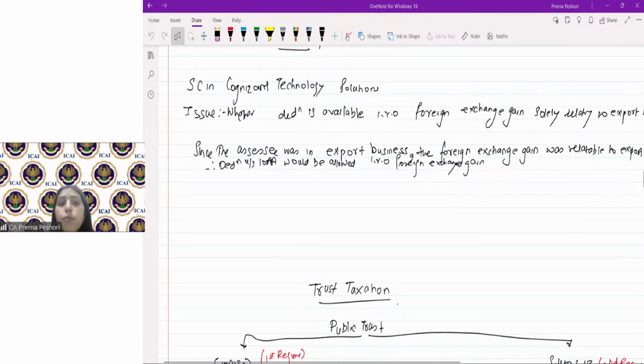What was the question before the Supreme Court? Is deduction under Section 10AA available in respect of foreign exchange gain, which is in relation to the export business of the assessee? Now, do you recollect something?